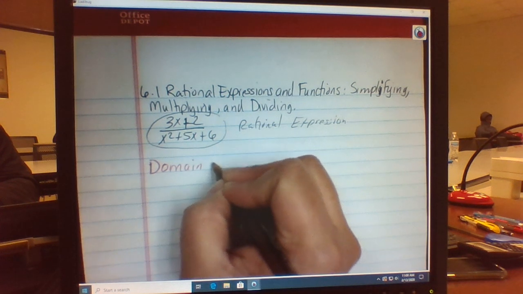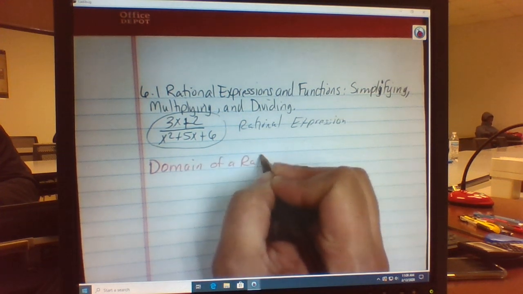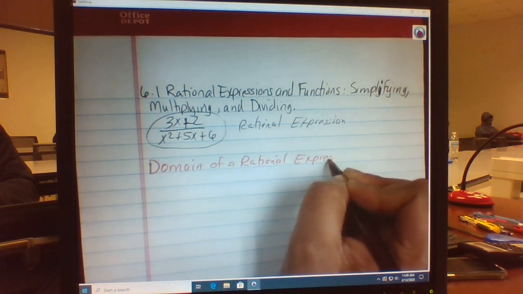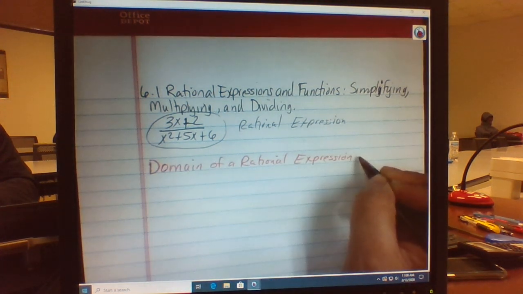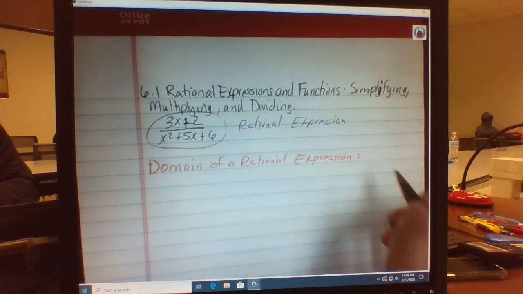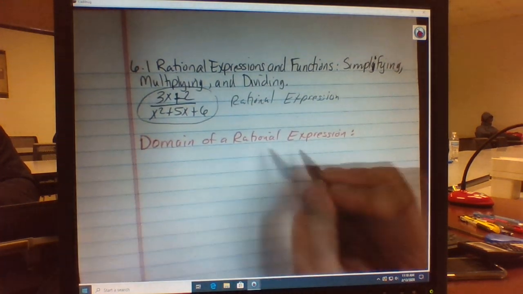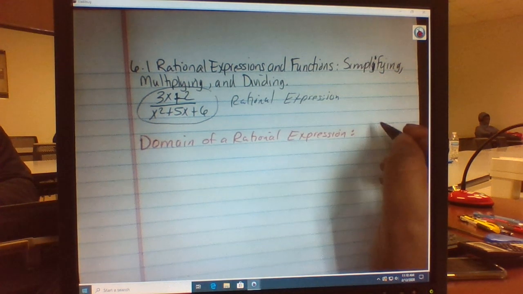When you look for the domain of a rational expression, I'm going to write it out, because if I say it, some of you are still going to be like, huh? So, domain of a rational expression.